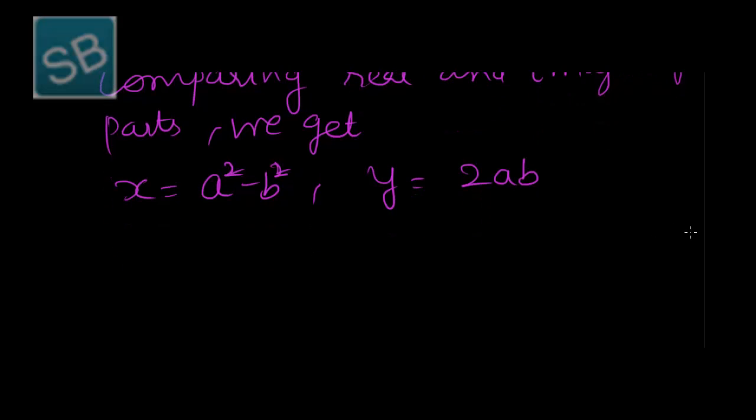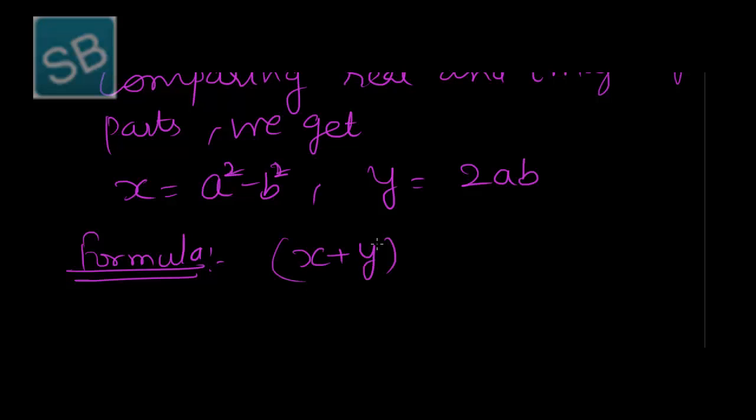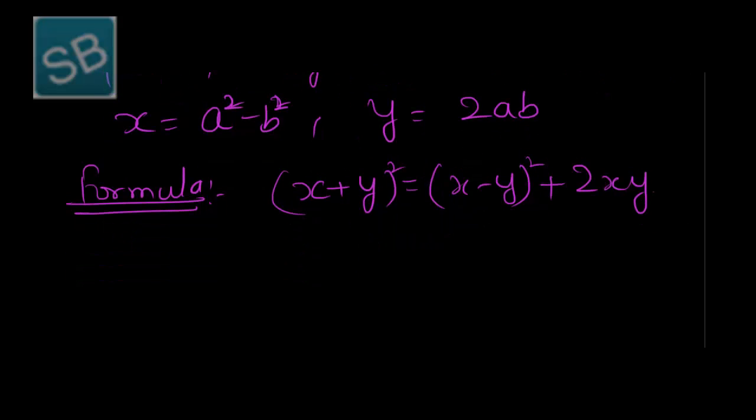And we are familiar with the formula which we are going to use, that is a third step: x plus y whole square is equal to x minus y whole square plus 4xy. Here we will replace x and y by a square and b square.